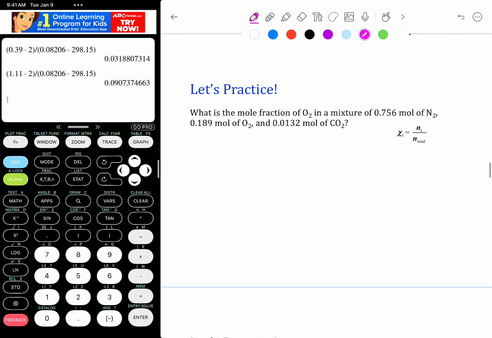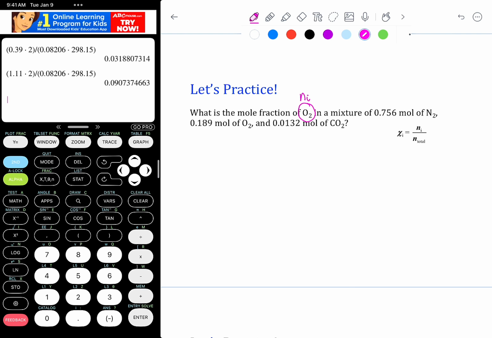So, what is the mole fraction of O2 in a mixture of 0.756 moles of nitrogen, 0.189 moles of oxygen, and 0.0132 moles of carbon dioxide? Well, I want to find N sub I of oxygen, so that's what we're looking for.